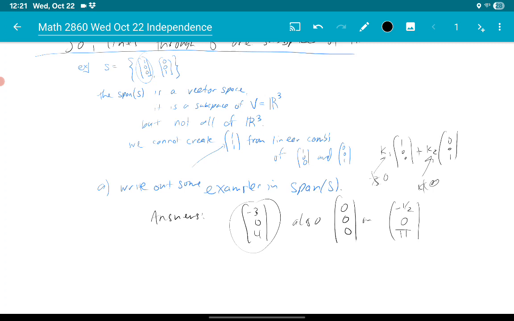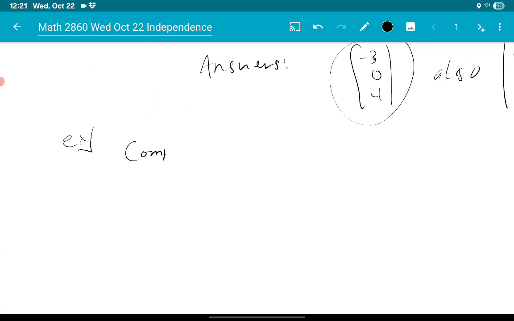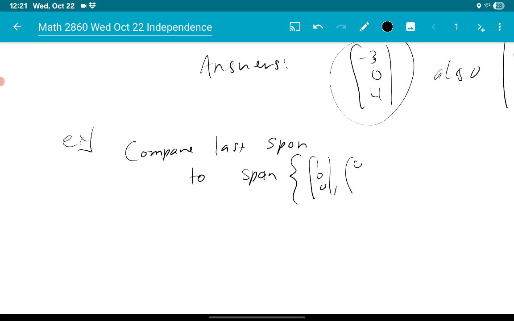And then, all right, so how about this as the next example? For comparison's sake, compare the last span to the span of the set (1, 0, 0), (0, 0, 1), and then I'm going to add a third entry, (1, 0, 1).